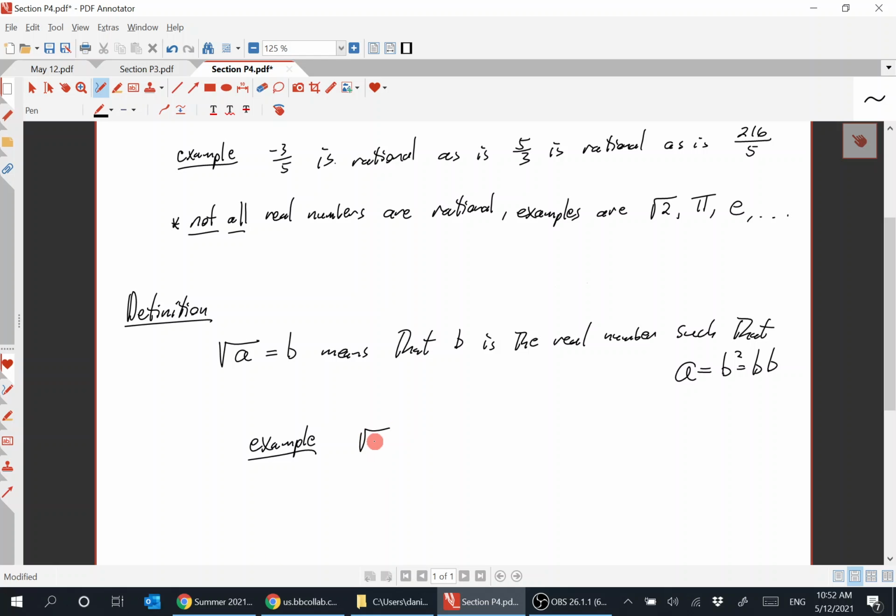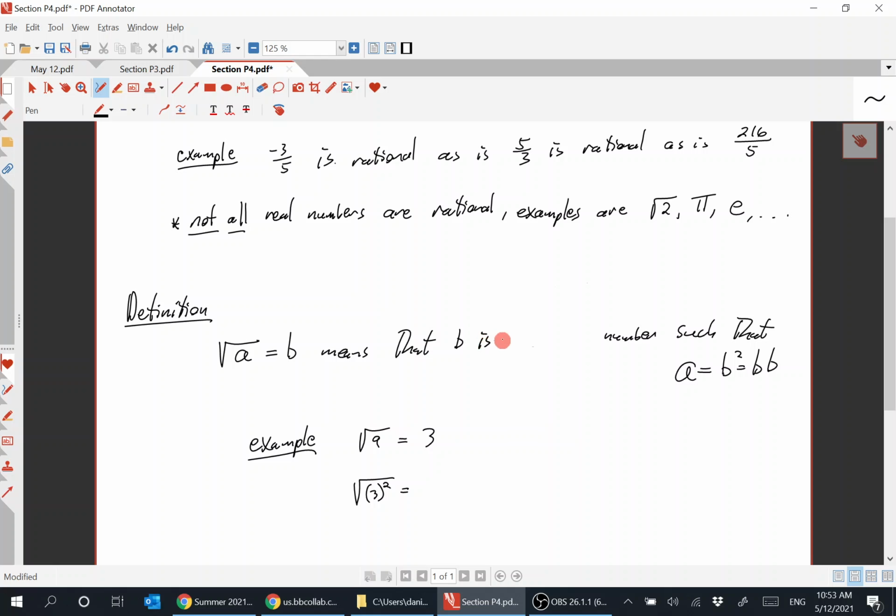the square root of 9 is what? 3. The square root of 3 squared is, so what number, sorry, b is the positive real number.